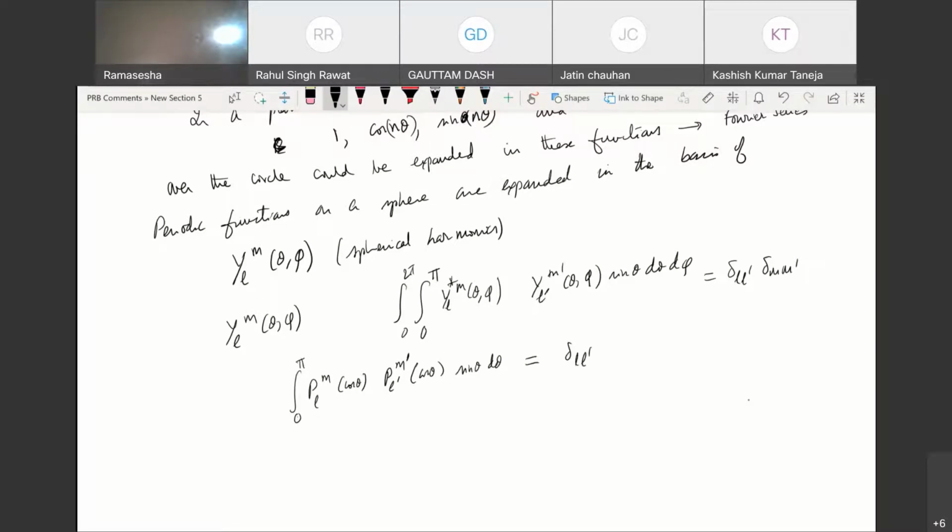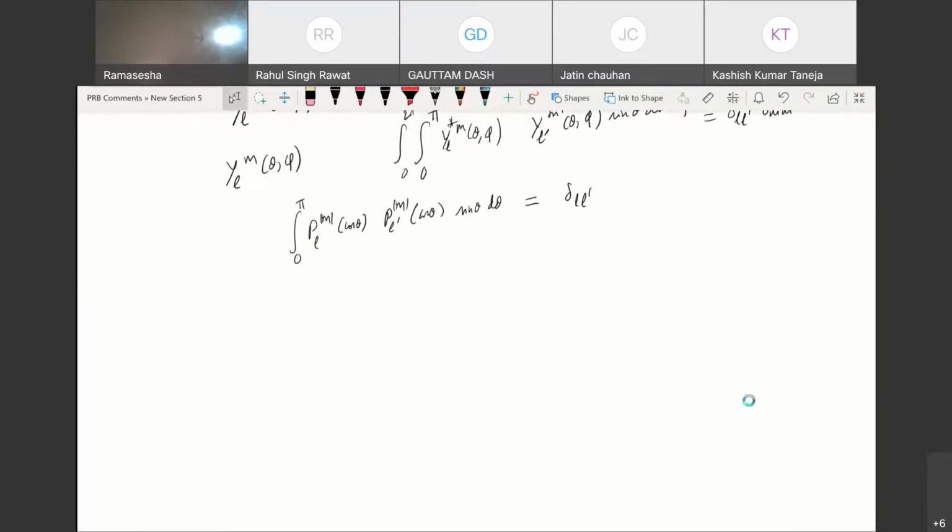So I cannot say that P_lm and P_l minus m are orthogonal. P_lm and P_l minus m are proportional. So I basically have only delta l l prime. So the orthogonality for different l with the same m, and for different m with the same l, comes about because of the phi part. Okay?